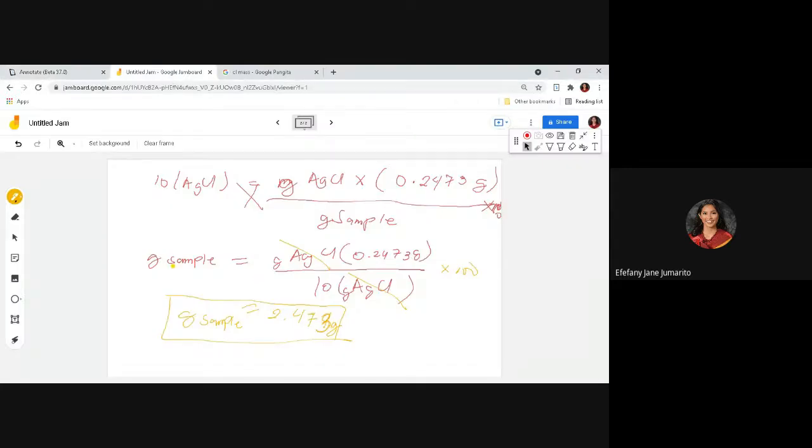We need 2.473 grams of the sample in order for us to get the percent Cl to be 10 times the AgCl.